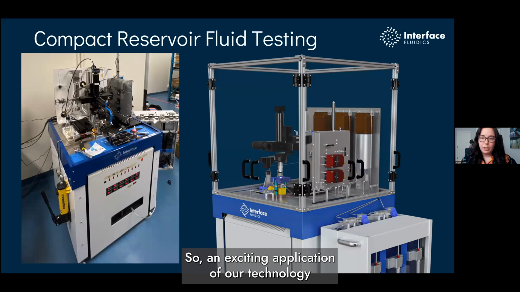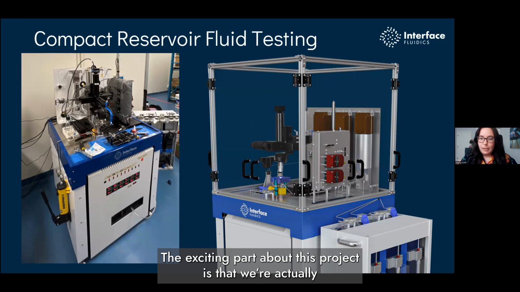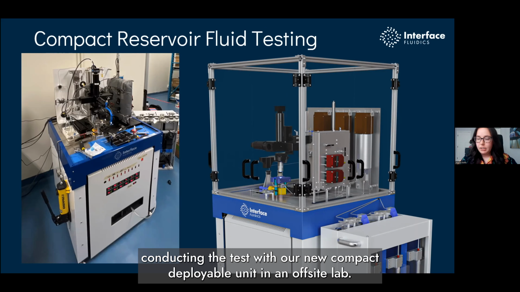So an exciting application of our technology comes through our work with an Alberta-based CCS operator. We're helping a client monitor and optimize the injection of industrially captured CO2 streams with varying impurities. The exciting part about this project is that we're actually conducting the test with our new compact deployable unit in an offsite lab.